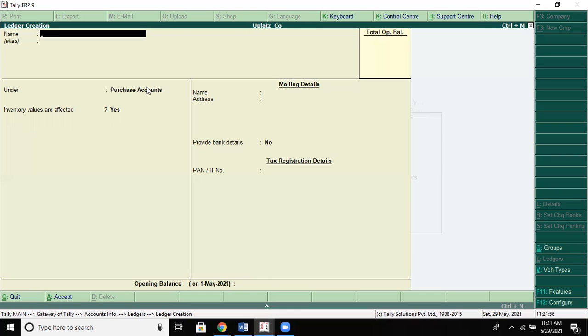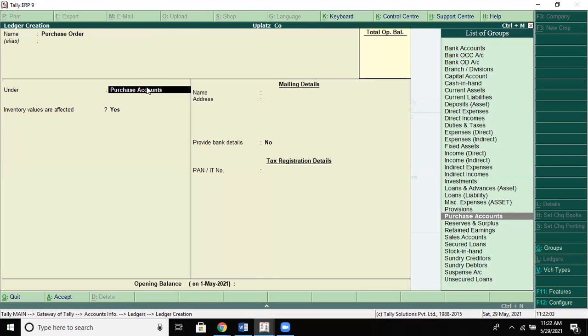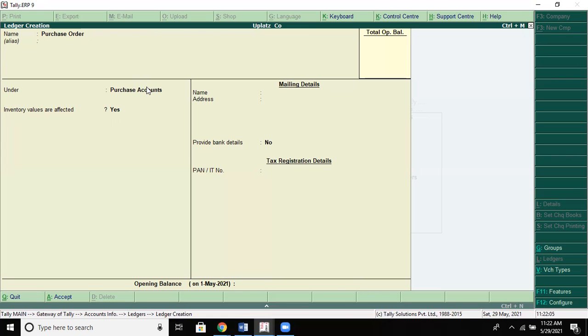Then purchase order. So that also comes in your purchase accounts.